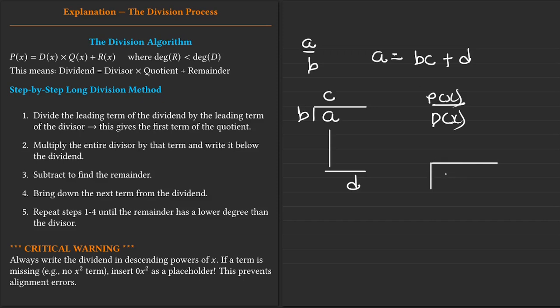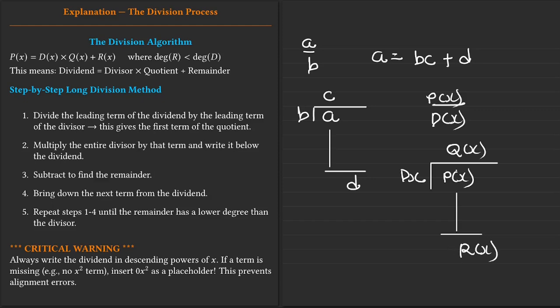So our p of x remains inside, that is our dividend. Then our divisor remains outside. Then after our division, we'll get our quotient, call it q of x. And then we would finally get a remainder, which we should call r of x.